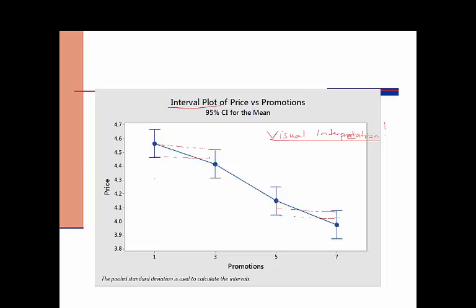And this one and this one overlap a little bit. But there is no overlap between these two categories. So there is an overlap in this group and an overlap in this group.